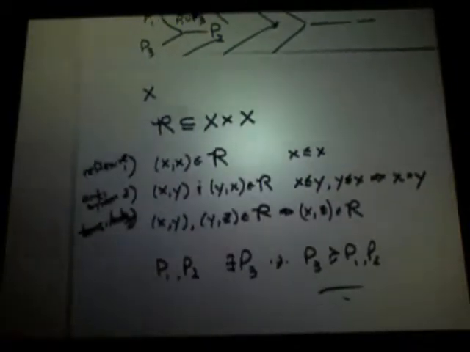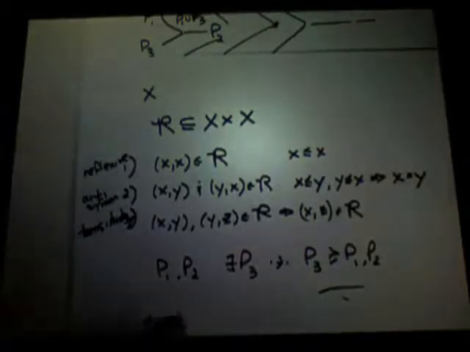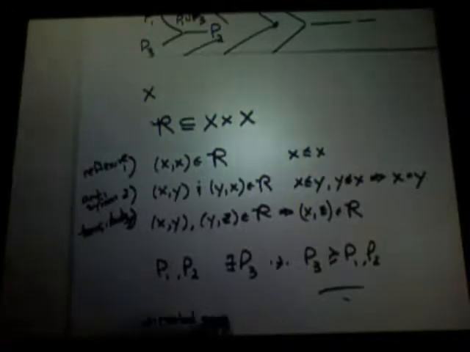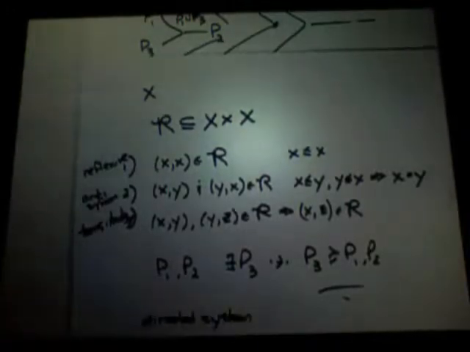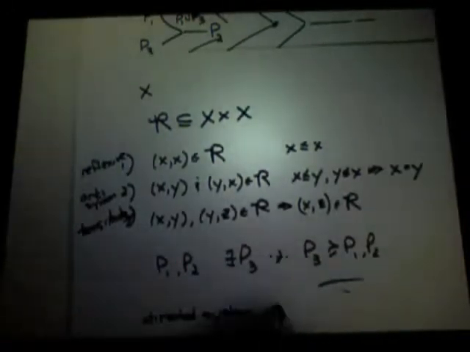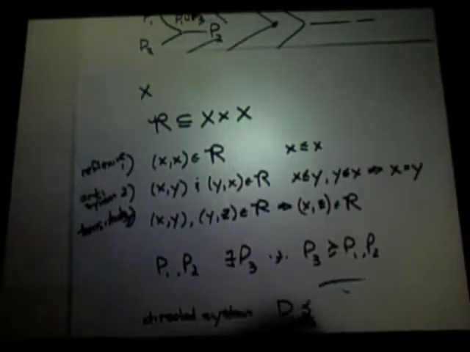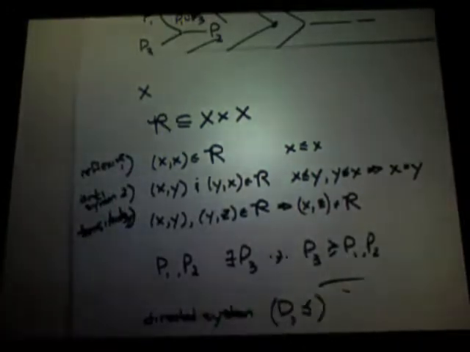It's comparable to either one and beyond both. The ultimate common successor. Whenever you have a partially ordered set with the ultimate common successor property, you are said to have a directed system. A directed system is usually indicated by D, and I can write the order either way, this just means the one on this side is the smaller one.